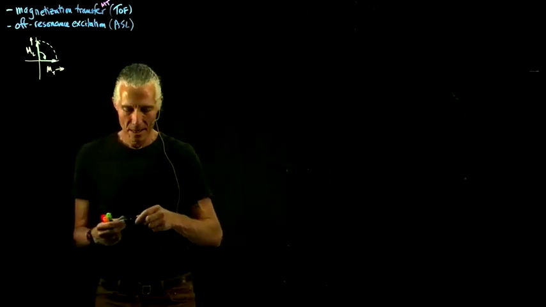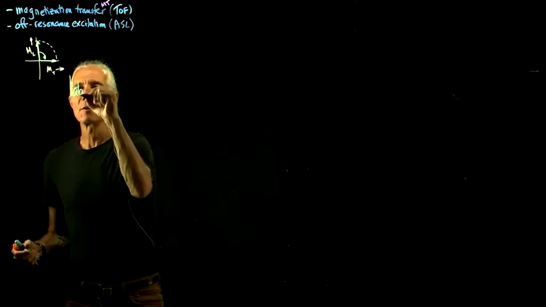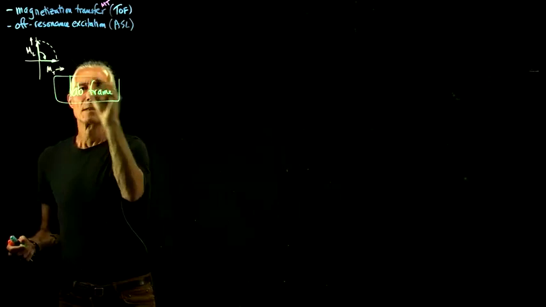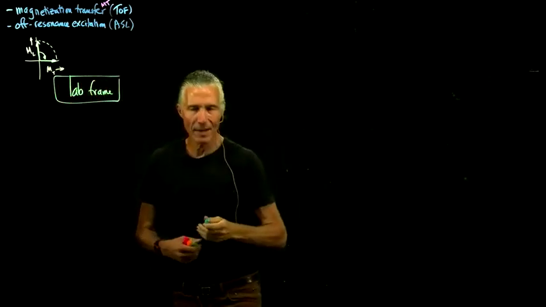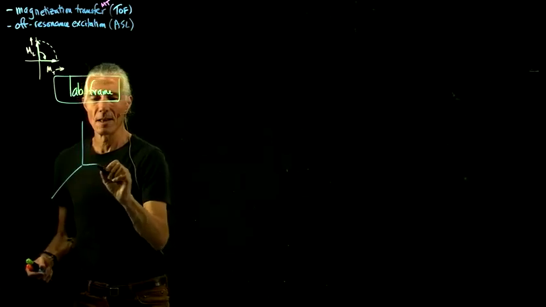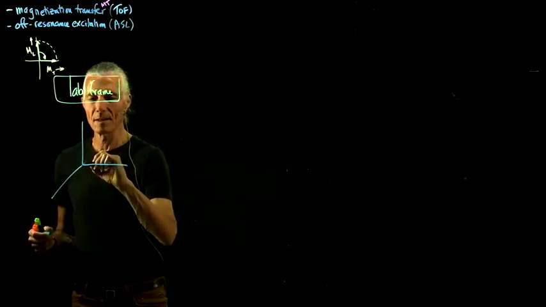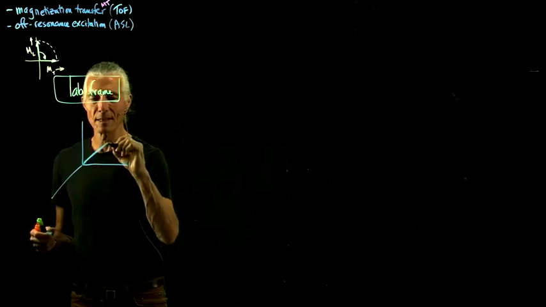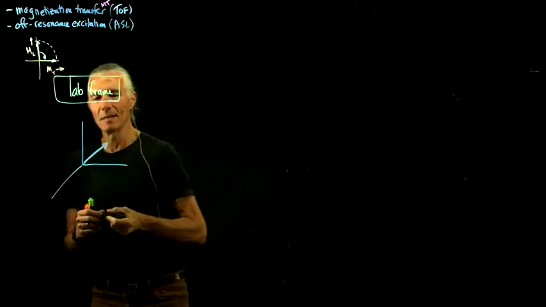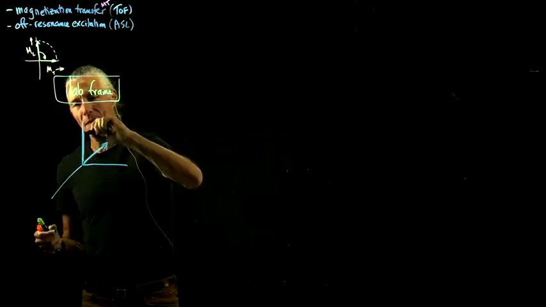So to start off, we have the laboratory frame. So this is what's actually there. We've got our coordinate system, and then we have a magnetization vector, whatever the local magnetization vector is. And then we've got the B vector.